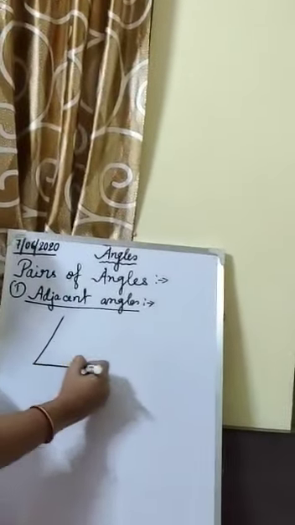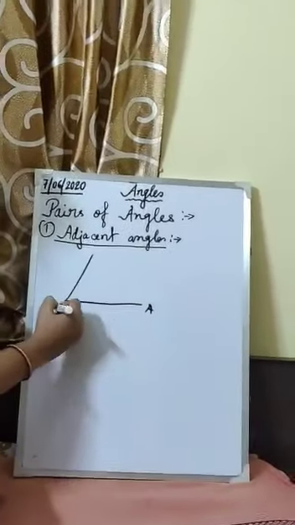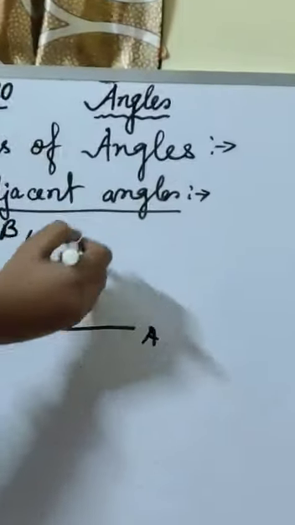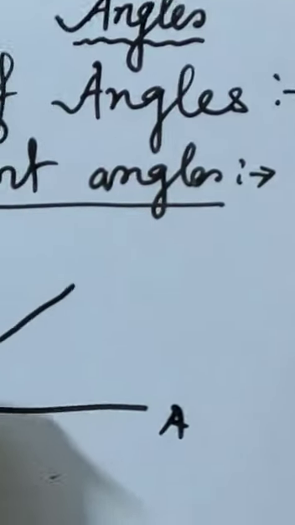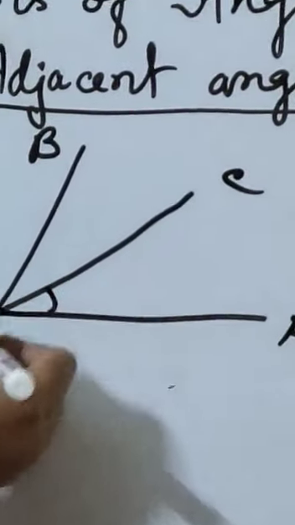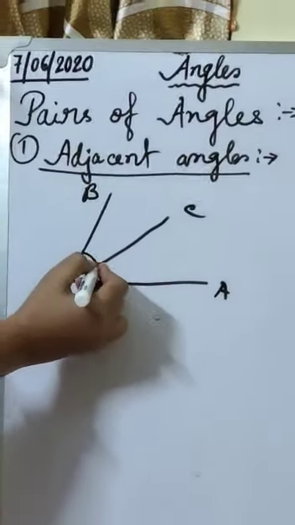Suppose this is an angle. Name of the angle is AOB. In this angle, there is a common arm between them and a common vertex. Name it, suppose, C. That means here this is the angle AOC and BOC is another angle.